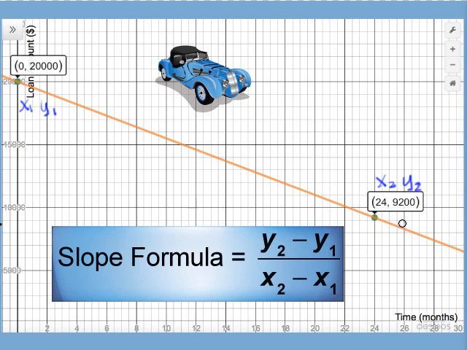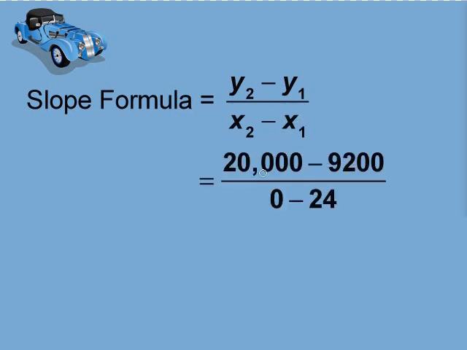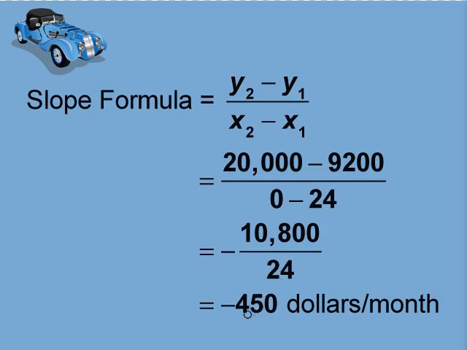Let's plug these values into the slope formula. The y values go here, and the x values go here. Here are the y values, and here are the x values. Simplify the numerator and denominator to get this. We divide 10,800 by 24 to get a value of negative 450.